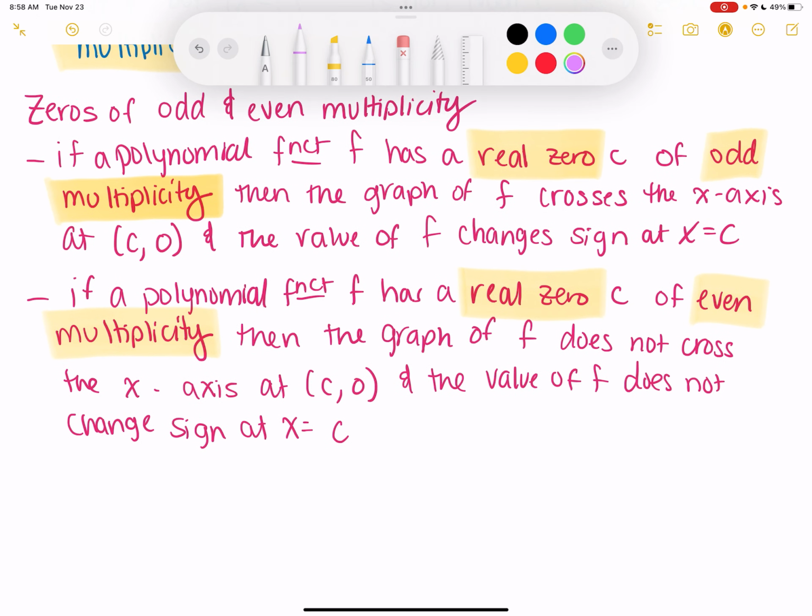Alright, intermediate value theorem. We call that IVT.